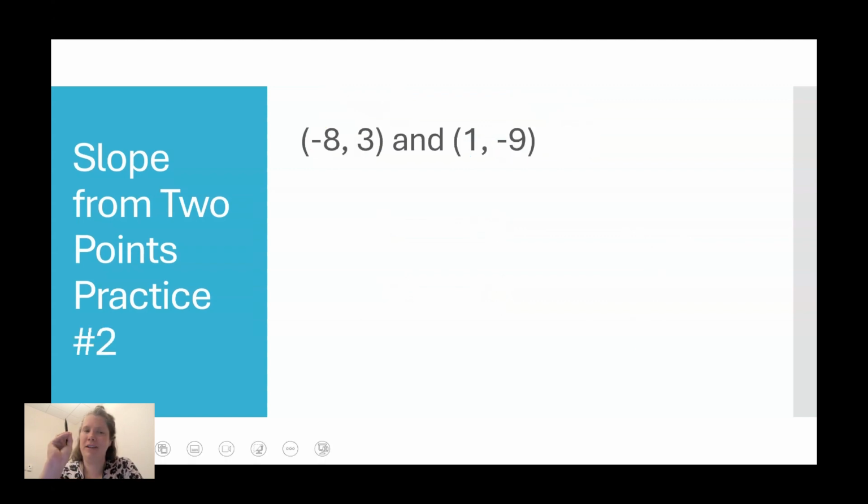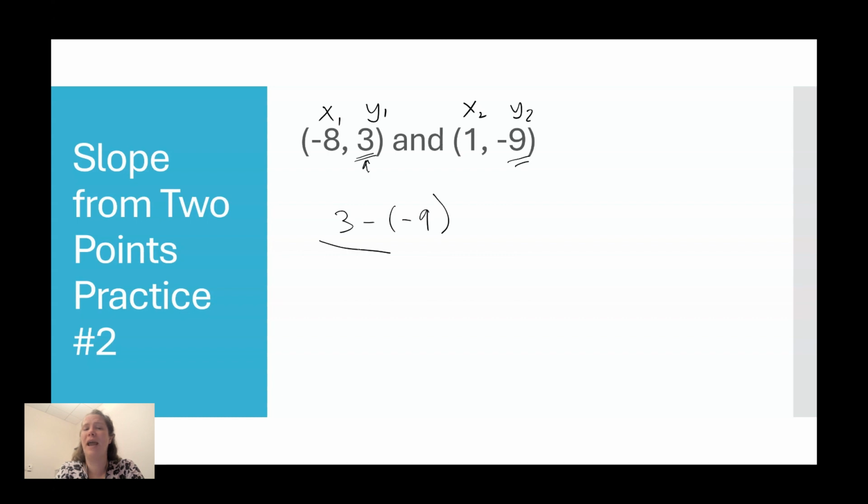All right, stick with me without color coding if you can. X1, Y1, X2, Y2. We're going to subtract our Y's. And just to be difficult, I'm going to do Y1 minus Y2 this time. So I'm going to go 3 minus negative 9. Since I used 3 first this time, I have to use negative 8 first on the bottom.